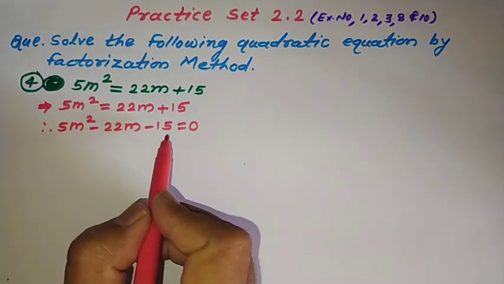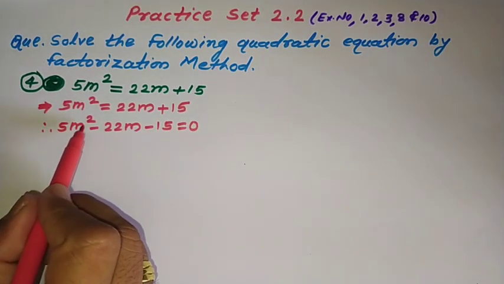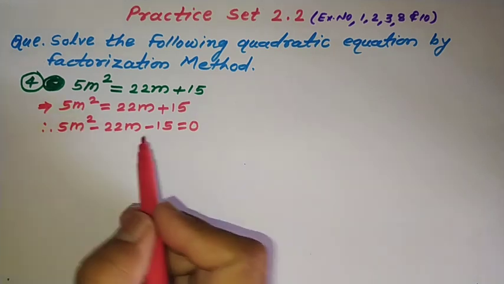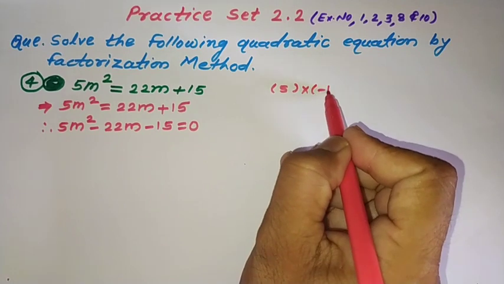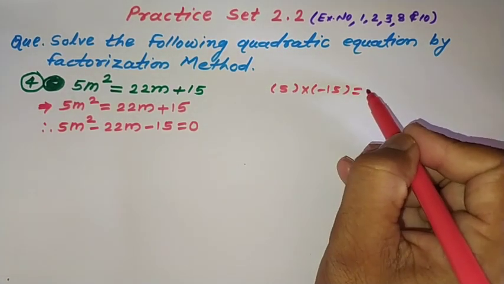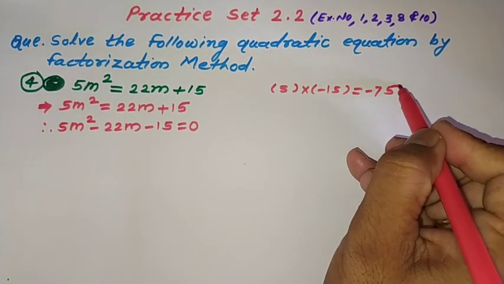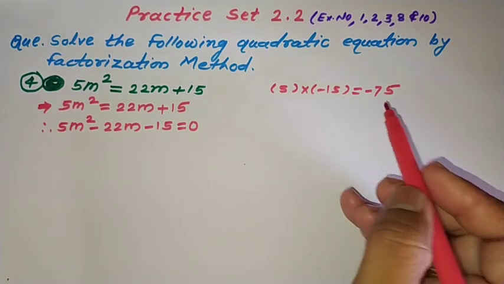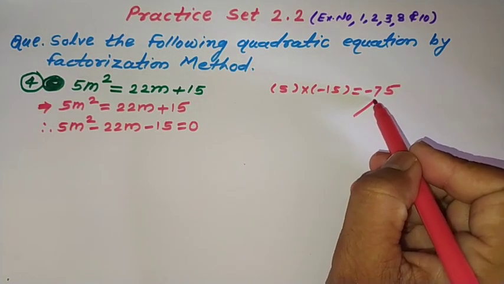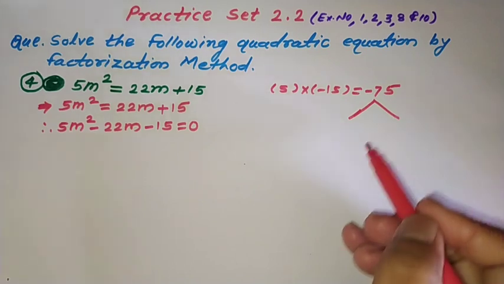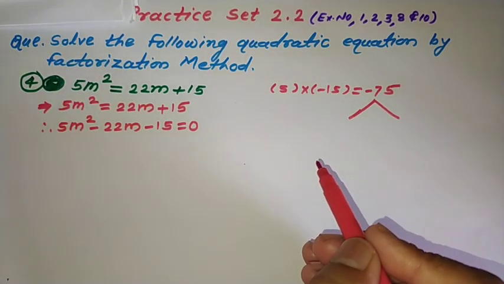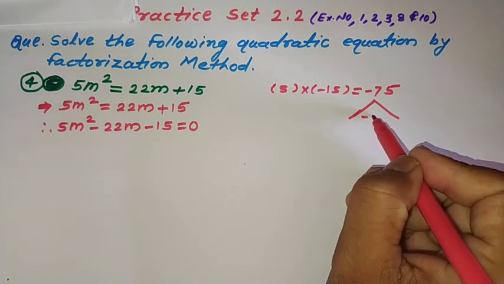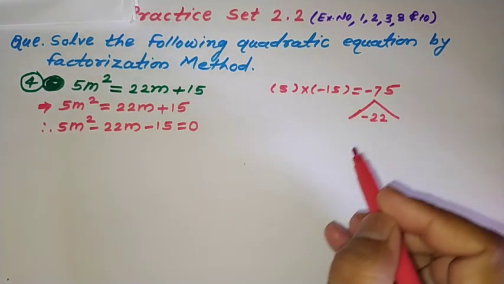The multiplication of the constant number and the coefficient of m square is 5 into minus 15, which is minus 75. Find two factors of 75 whose sum is minus 22.